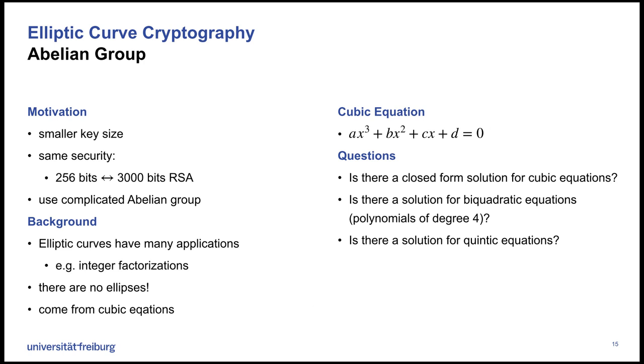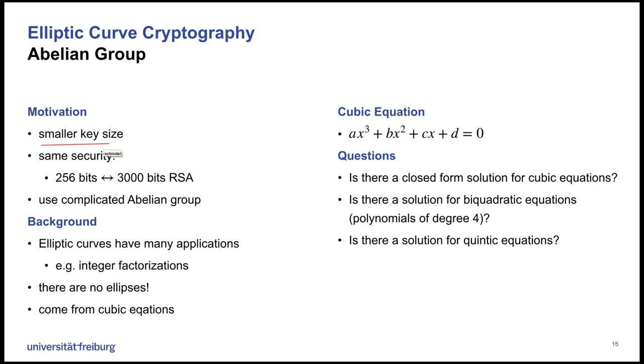Now we'll repeat some things for elliptic curve cryptography. First of all, for the motivation, we think that elliptic curves work with smaller key sizes because the operation is more complicated. These elliptic curves come from a lot of mathematical background which was developed in the 19th century or beginning of the 20th century, which was more in the field of analysis.